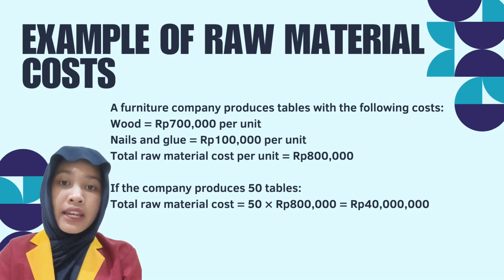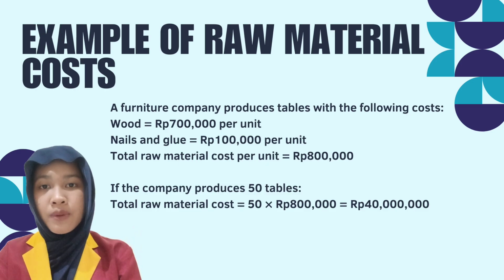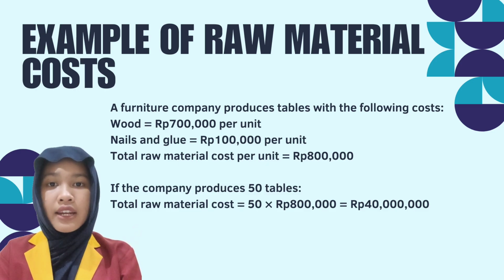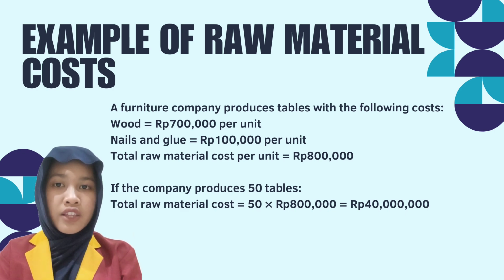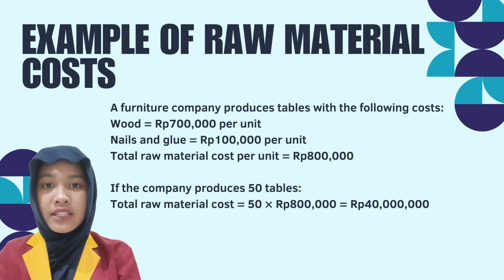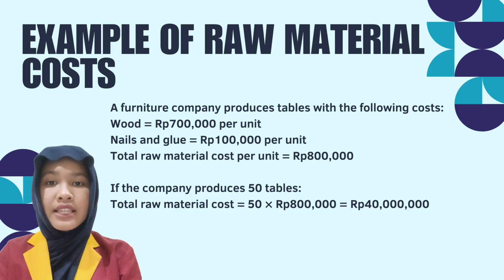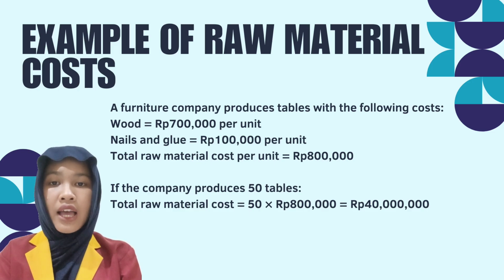Now, I will explain an example of raw material cost. A furniture company produces tables using wood, nails, and glue. The cost of wood is 200,000 rupiah per unit and the nails and glue cost is 100,000 rupiah per unit. So, the total raw material cost per table is 800,000 rupiah.